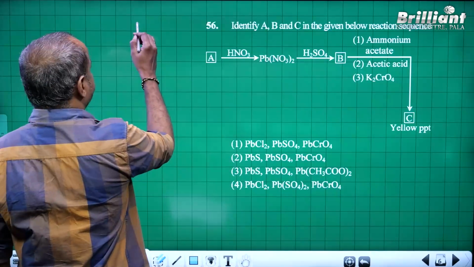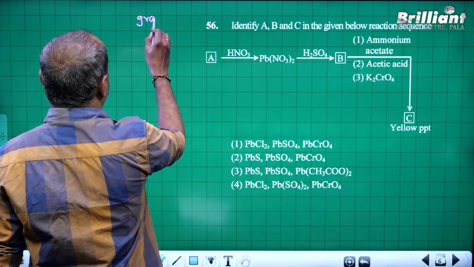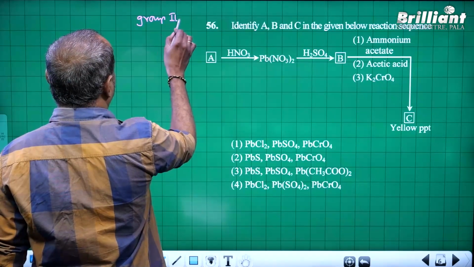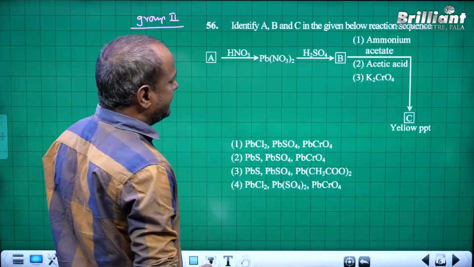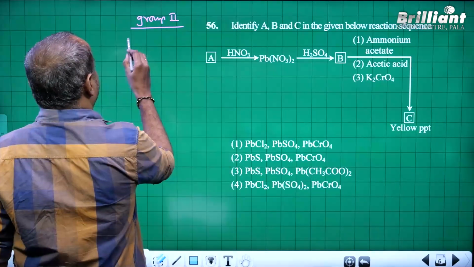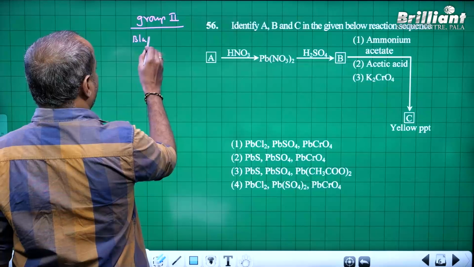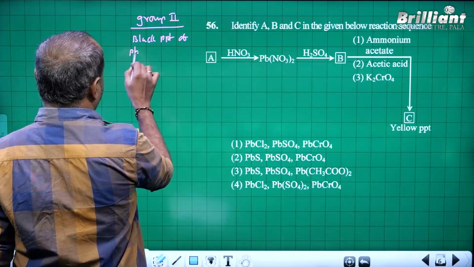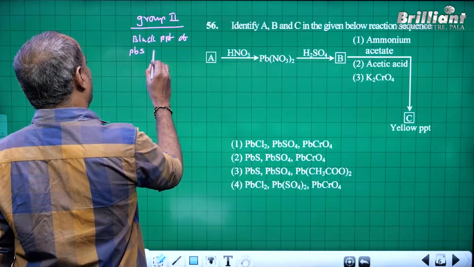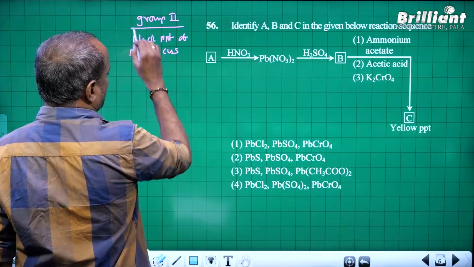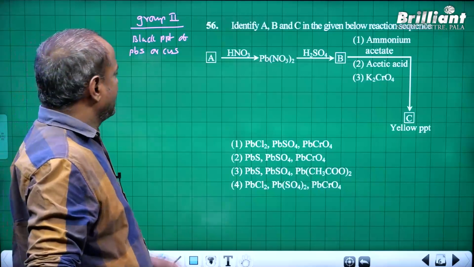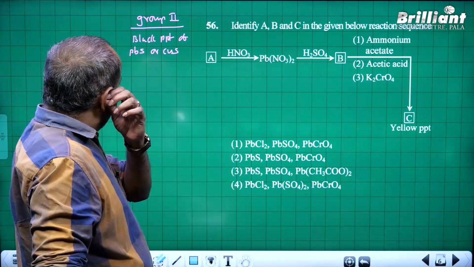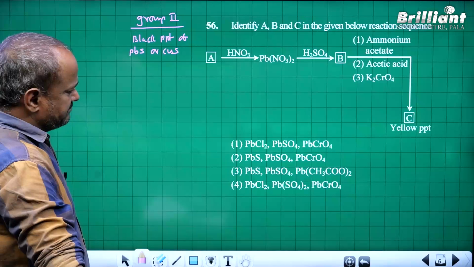Group 2 analysis, practical or salt analysis, group 2. Black PPT of PbS or copper sulfide obtained.